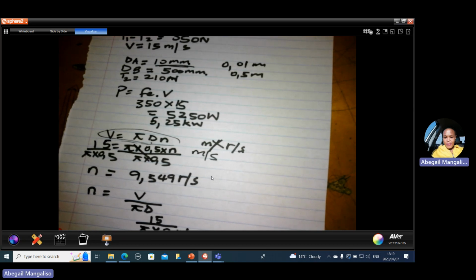You use your calculator to get the answer. Fifteen divided by 0.01... This one will rotate at 465 revolutions per second. So it's 15 divided by pi times a diameter, and you get your answer.